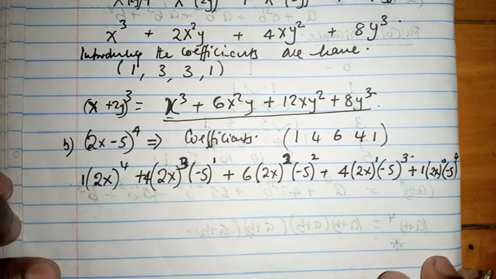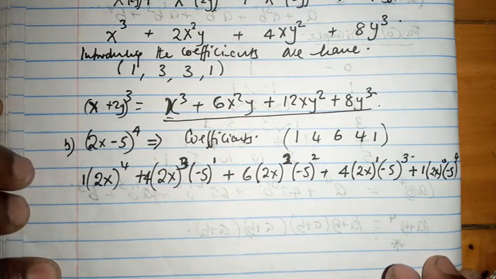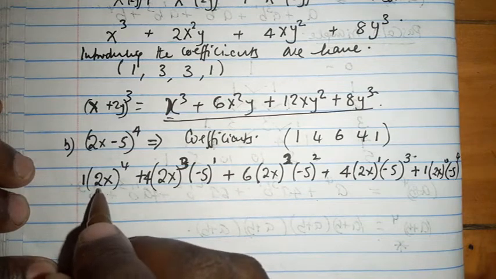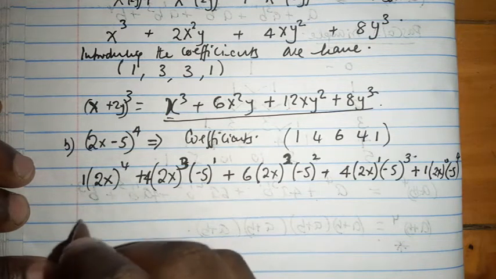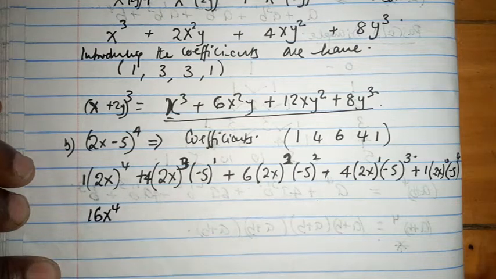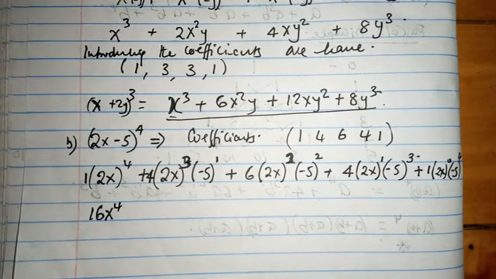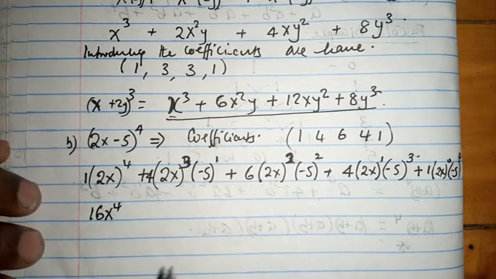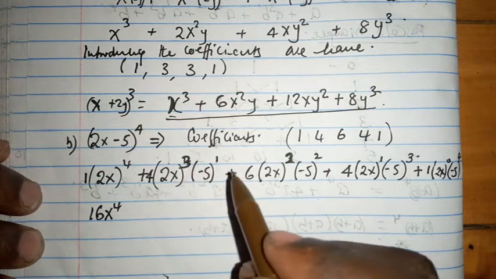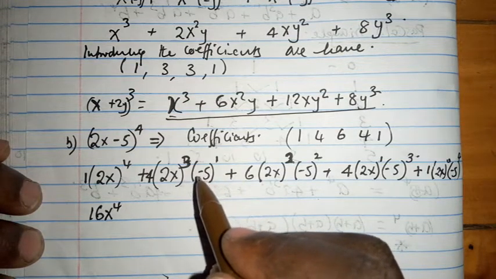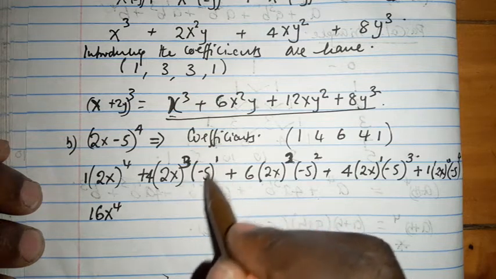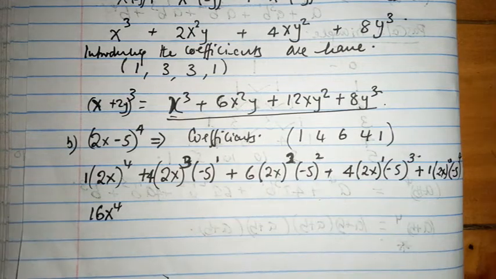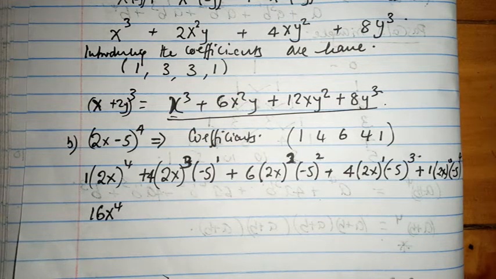So we only need now to conclude and say 2 raised to power 4 is 16. This is 16x to the 4, and that is the end of the story for that particular term. The other one is 2 cubed is 8. 8 times minus 5, because negative 5 raised to power 1 is negative 5. 8 times negative 5 is negative 40.